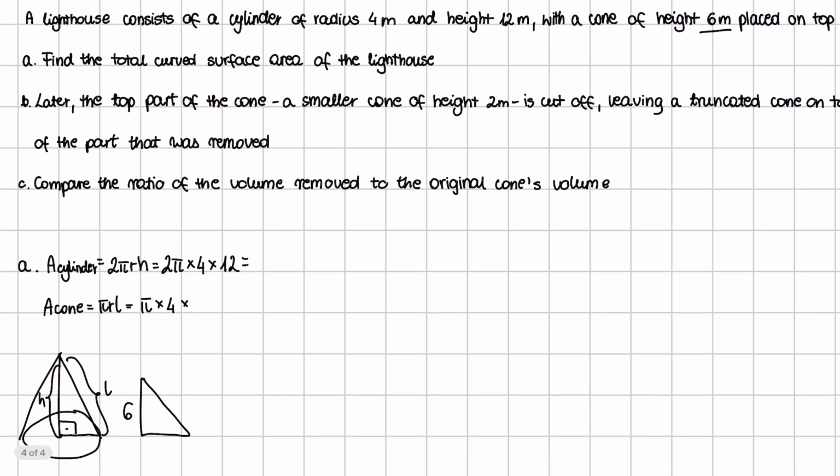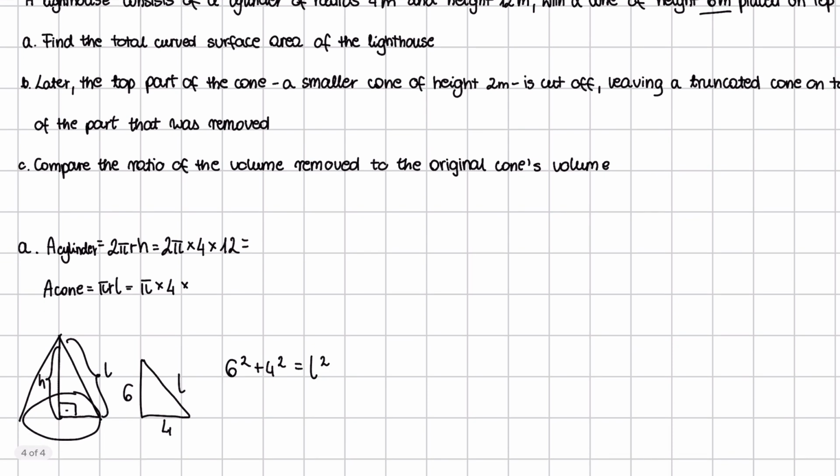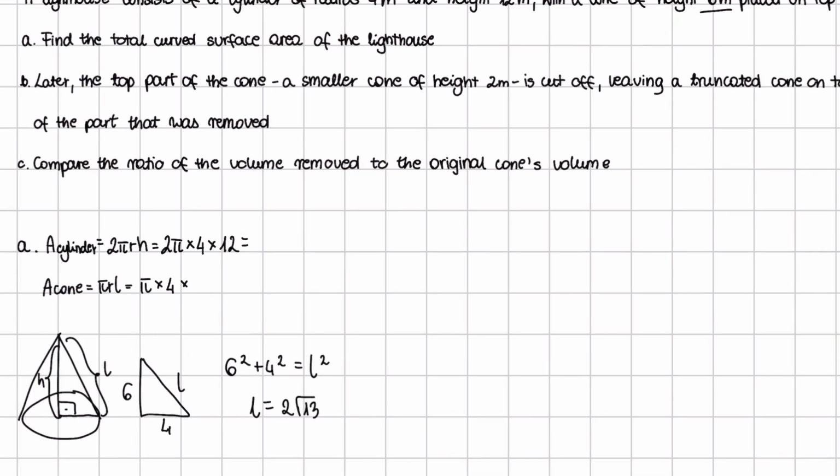We know the radius, so 4, and we're looking for L, so we can simply calculate it for Pythagorean theorem. So 6 squared plus 4 squared equals L squared, and we can easily find it on our GDC. So slant height is 2 square root of 13, so we can write it in here.